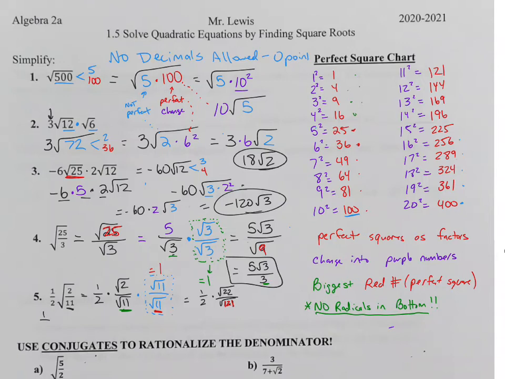So I end up with 1/2 times radical 22 all over 11, and then finally I'm going to multiply the tops together and the bottoms together. I end up with radical 22 all over 22. Like I said, that's a little bit more complicated. We're going to spend a lot of time talking about conjugates. These are simple conjugates, and it will get a little bit more complicated going further.